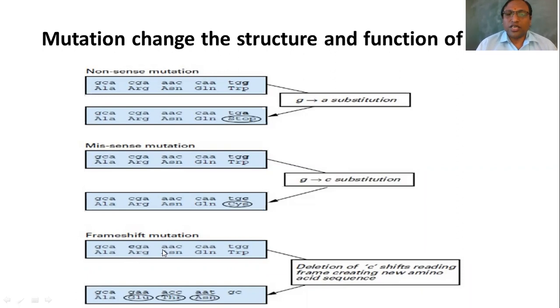So we have GAA, ACC, then AAT, and then GG. Because of that, what is forming? Instead of the first one being alanine, the second is glutamine, threonine, and the last one is aspartame. So what happens here is that because of a single base change, the whole amino acid sequence has become different.